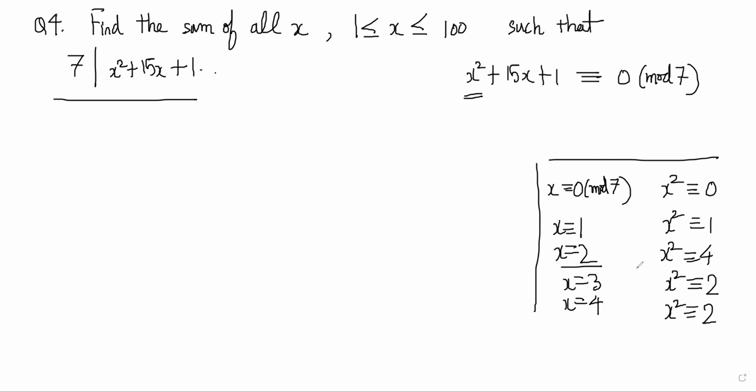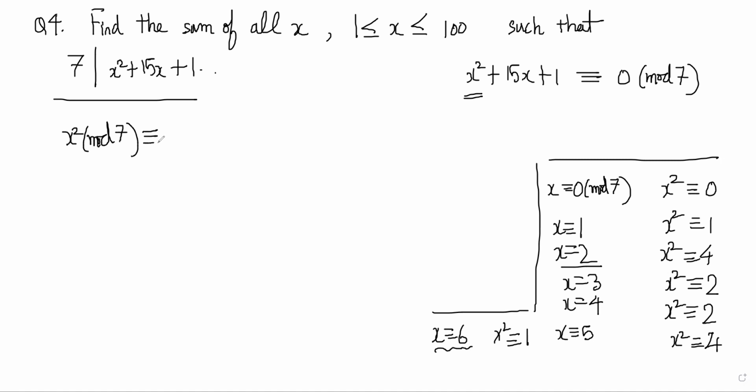And 5 will be the same as this. x is equal to 5 mod 7, you will get x square is equal to 4. And finally, x is equal to 6 mod 7, you get x square is equal to 1 mod 7, right? So these are the possible quadratic residues. So you realize that x square mod 7 will be congruent to either 0, 1, 2, or 4.